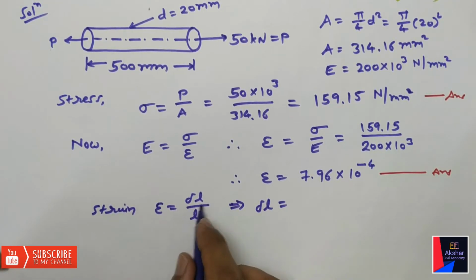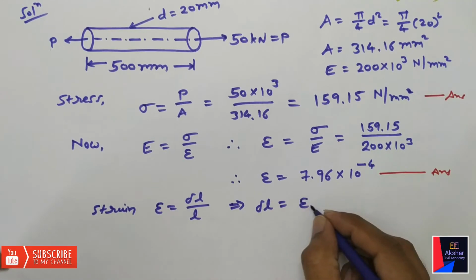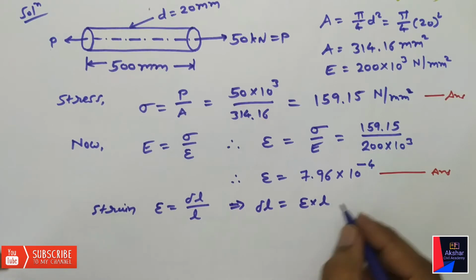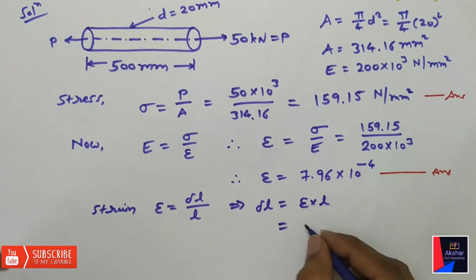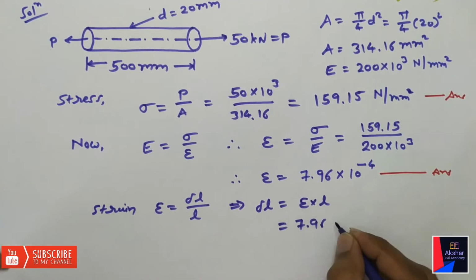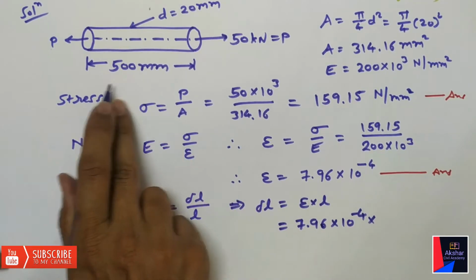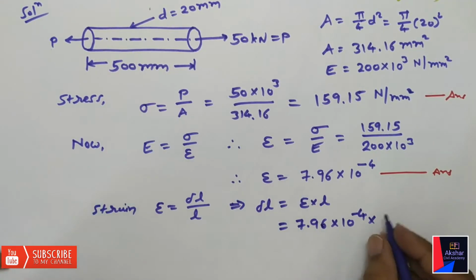Elongation delta L will be equal to strain multiplied by length. We have the value of strain, 7.96 multiplied by 10 raised to minus 4, into L. L is the length, which is given as 500.